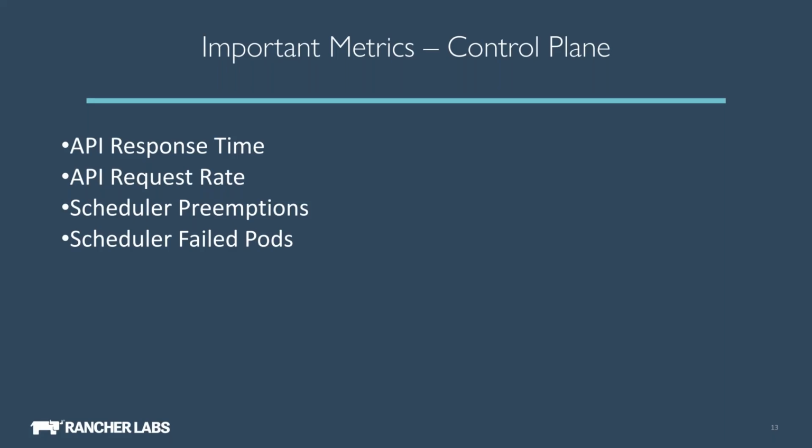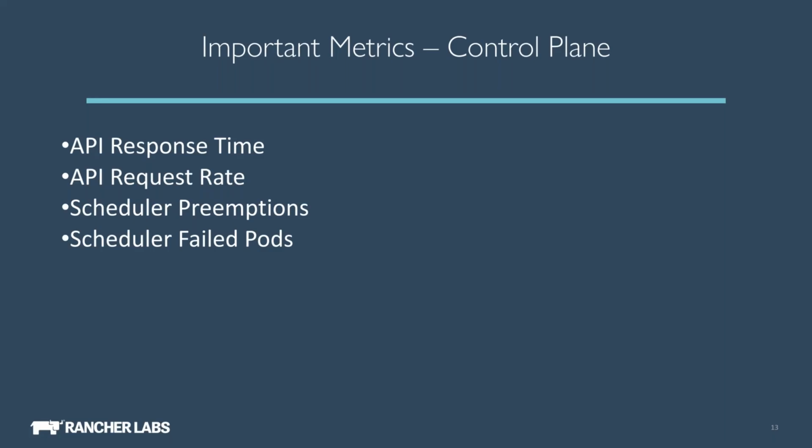From a control plane standpoint, start monitoring things like your API response time, how long your control plane takes to respond to requests, so you know what it should be doing under light load and under heavy load. And then as you see a delta or a change in that response time over time, if that starts getting longer and longer, and you see your request rates going up on your Kubernetes API, that tells you that something's wrong. We don't know what's wrong, we know something is wrong. So you learn on those deltas.